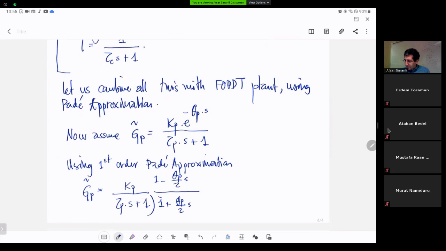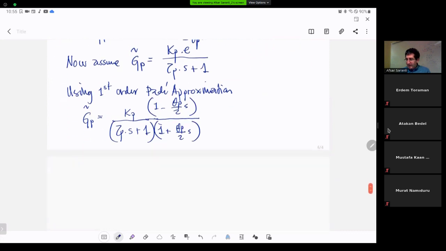So let's merge that together. Now GP tilde obviously has this unstable zero.